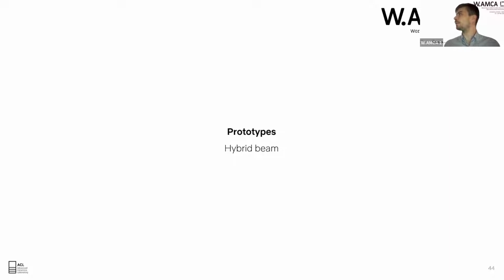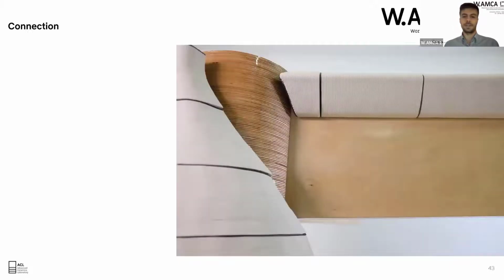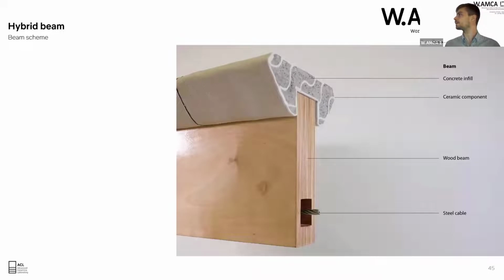And then we build the beam that should be connected to this connection. Basically, for the beam we have a wood core and a steel cable working in tension, and on top of it we put the ceramic components and the concrete infill.